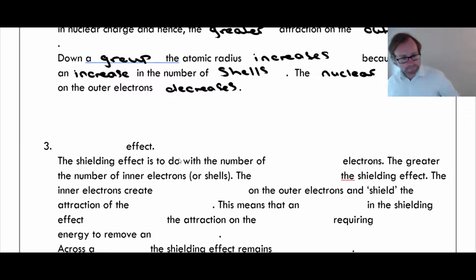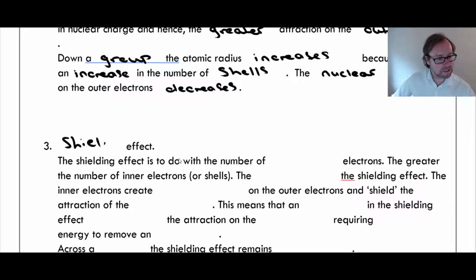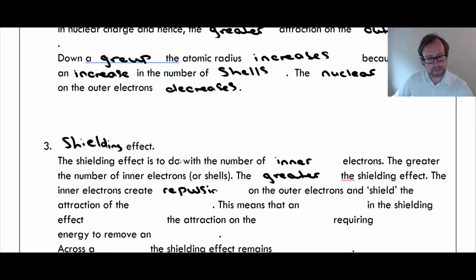Okay, so next one. The next factor is shielding effect. The shielding effect is to do with the number of inner electrons. The greater the number of inner electrons or shells, we say the greater the shielding effect. The inner electrons create repulsion on the outer electrons and shield the nuclear attraction, or shield the attraction of the nucleus.